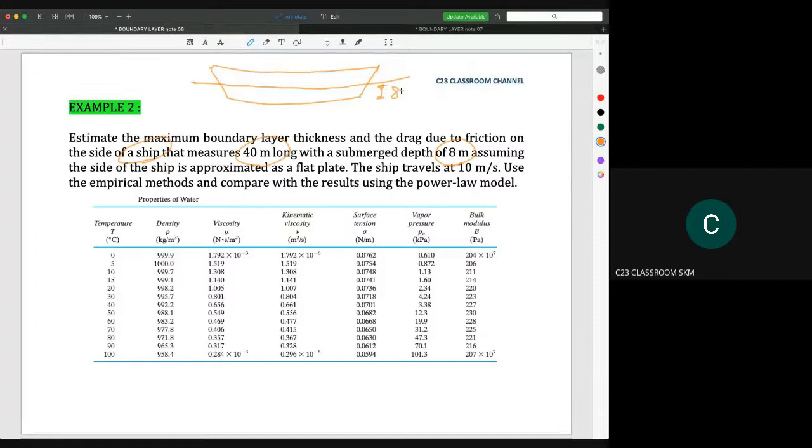Okay, why? Because in this situation, you have two types of fluid. One is air and one is water. So normally in this situation, we will focus on water because water has 1,000 times, I think, different value of viscosity. So in terms of density and viscosity, it's totally different.